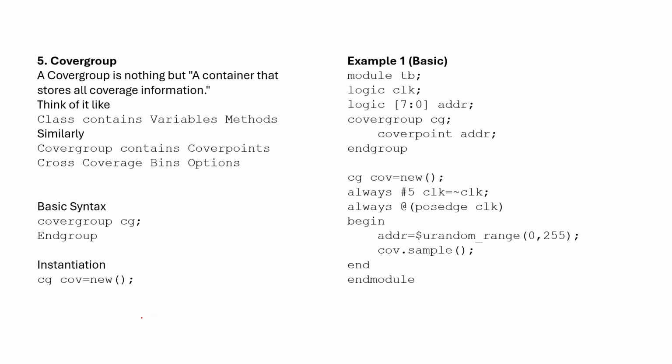Whatever features we mention in our verification plan, all of them are in your cover group. So a cover group is nothing but a container. It stores all the coverage information, whatever coverage information you are checking. That is the cover group.